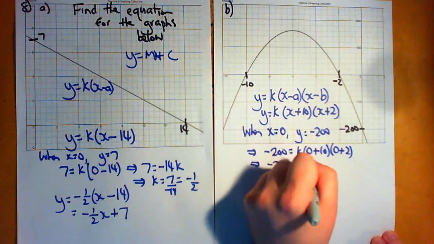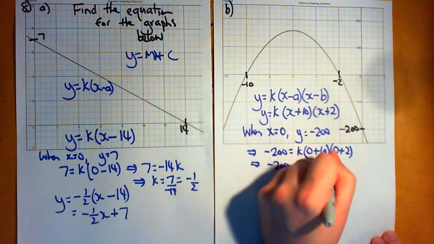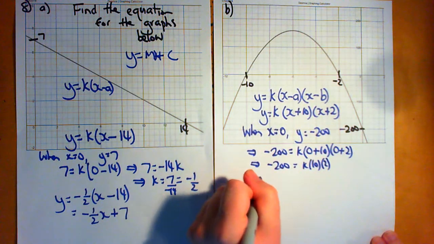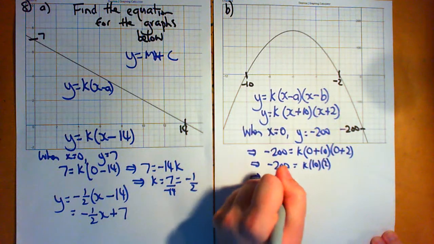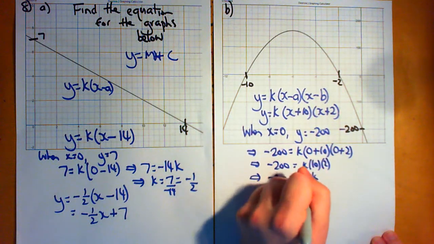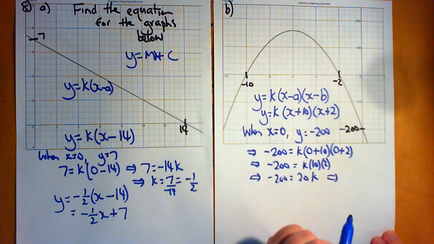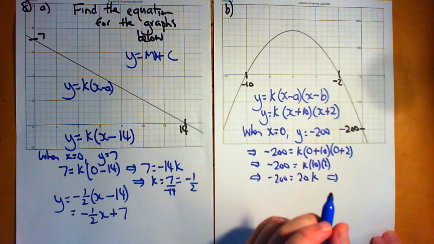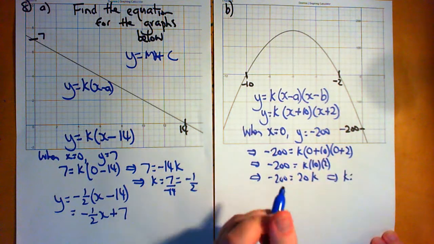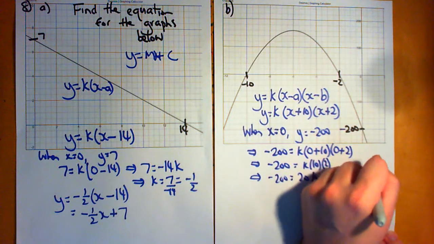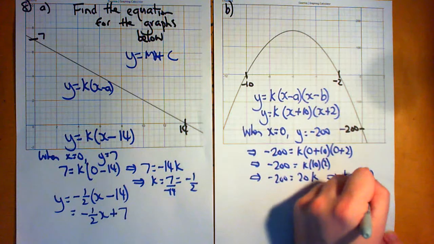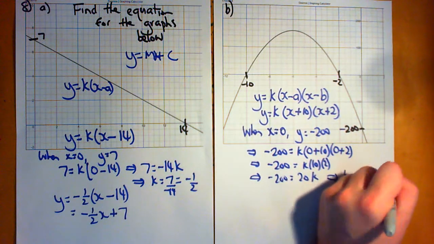So we've got k times 10 times 2, so negative 200 equals k times 20, because 10 times 2 we can work that out to be 20, so therefore k is going to be negative 200 divided by 20, which is negative 10.